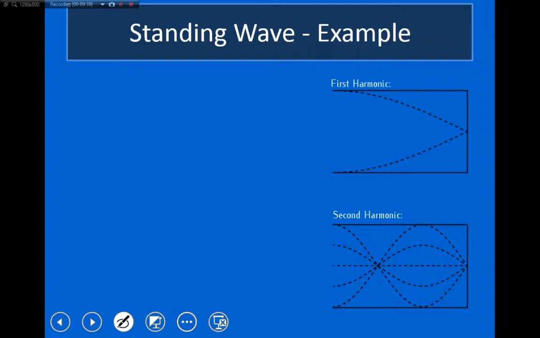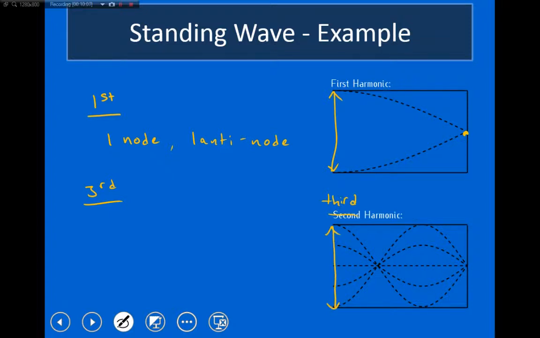Now finally, what happens when we have one end that's free and the other end that's fixed? Looking at these 2 figures, we can see our first harmonic has 1 antinode and 1 node. The third harmonic, because remember there's no second harmonic, that should say third, has 2 antinodes and 2 nodes.